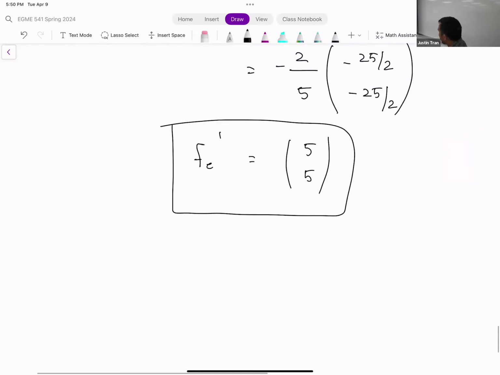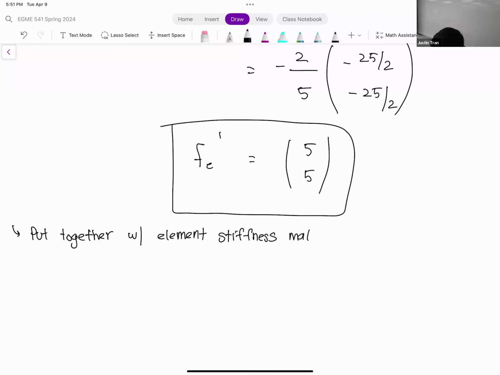Now let's put this together with our element stiffness matrix, what we computed before. And we have our full elemental system for element 1, element stiffness matrix and element forcing vector.